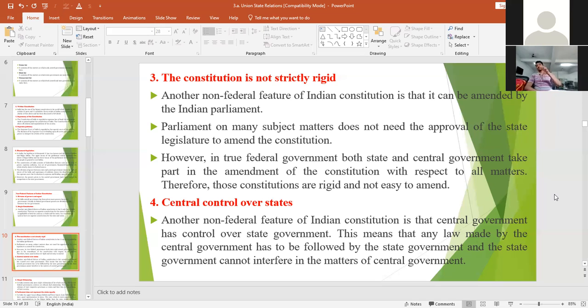The whole and sole authority is given to the central government rather than the state government. The state government does not have any power or right to interfere in foreign affairs. This is also one of the important features of the non-federal system of the Indian Constitution.